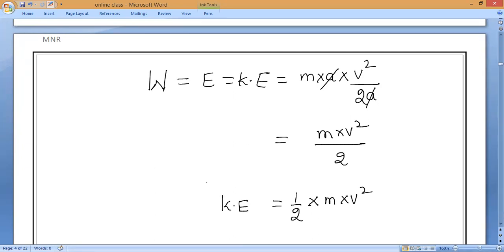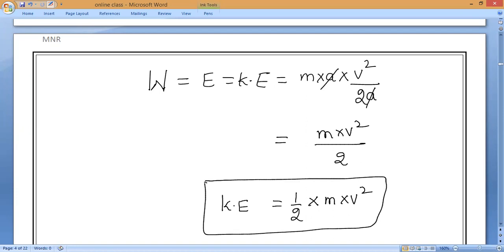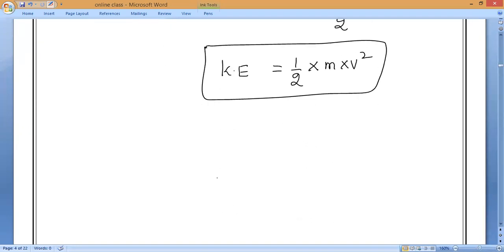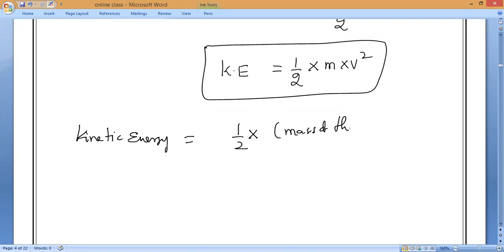So this is the formula for kinetic energy. What is the kinetic energy formula? Kinetic energy is equal to 1 by 2 into mass of the body into velocity of the body squared. Half m v squared. That is what you have to remember.